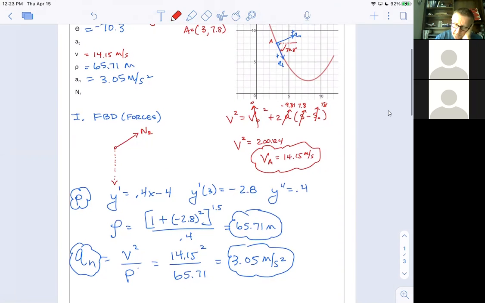But although this is the force due to gravity, I need to convert that into the force of gravity in the tangential direction, right over here, and the force of gravity in the normal direction. That's what I really need. So because that angle is 70.3, then I can figure those things out.